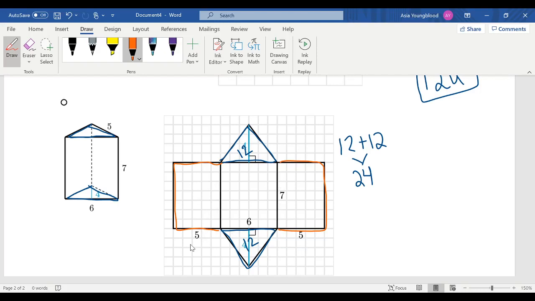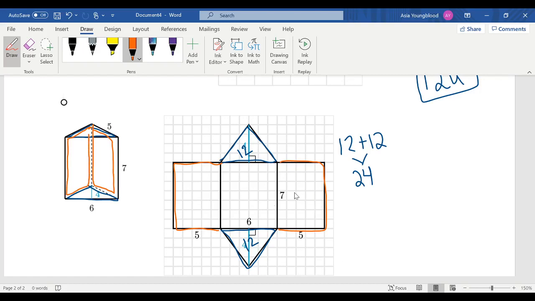If we wanted to find those rectangles in the actual figure, they would be here, right? 7 by 5. And here, 7 by 5, or 5 is how I'm drawing it, by 7. Okay, so those are where those 2 rectangles are.